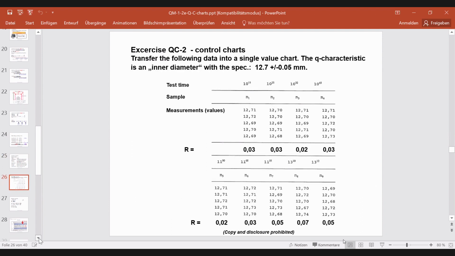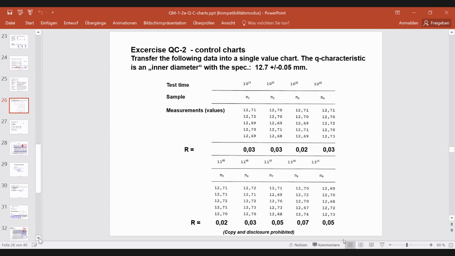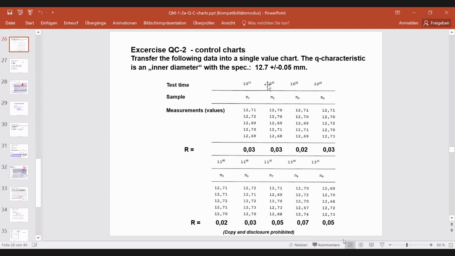Yes, here's an example. You have the measurements of every sample. This is the first sample, second sample, third sample, and here they have 9 samples, these 4, these 5. In total, they have 9 samples.